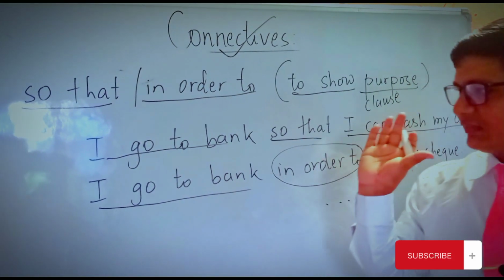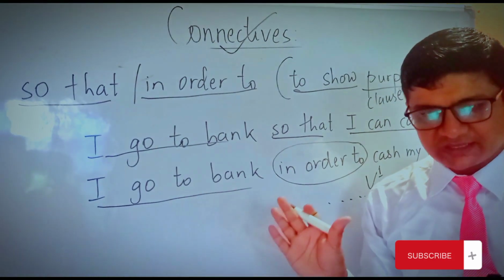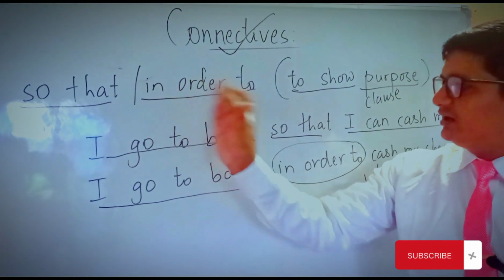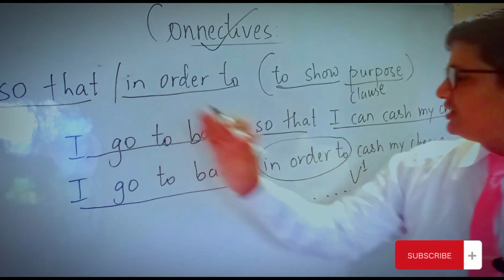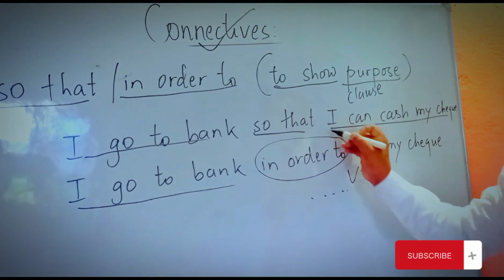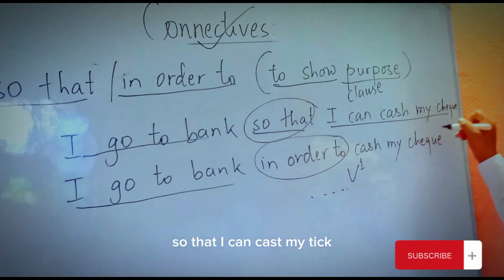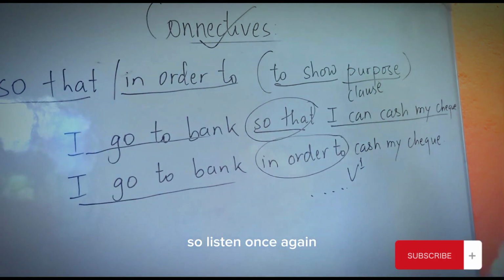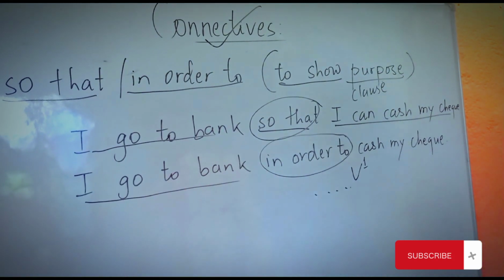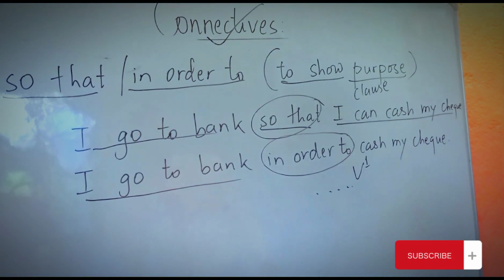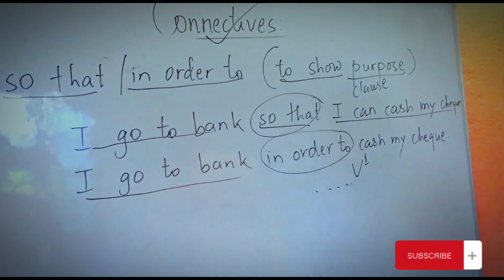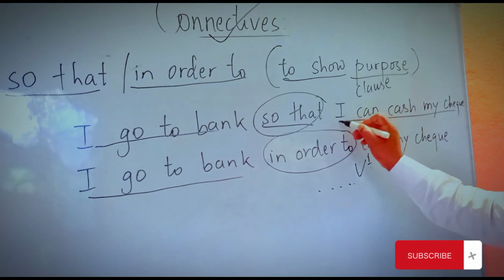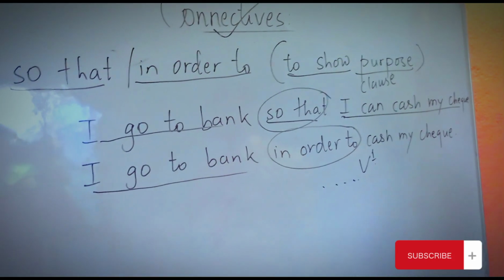Both show the purpose. So let's say once again: I go to the bank so that I can cash my check. I go to the bank in order to cash my check. Here is a verb, here is a full clause. That's it.